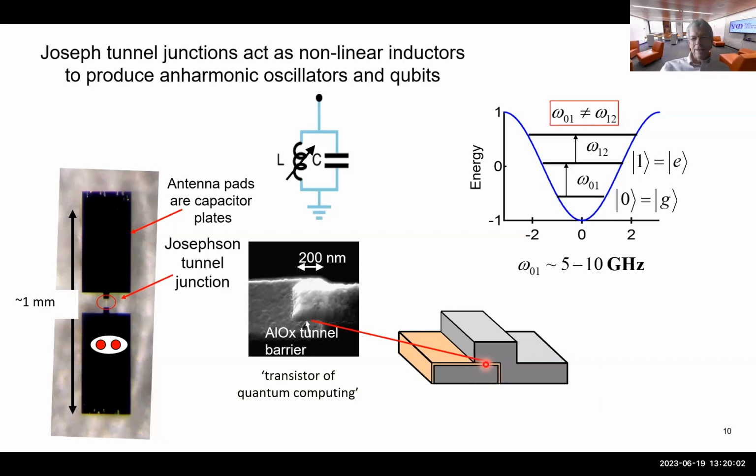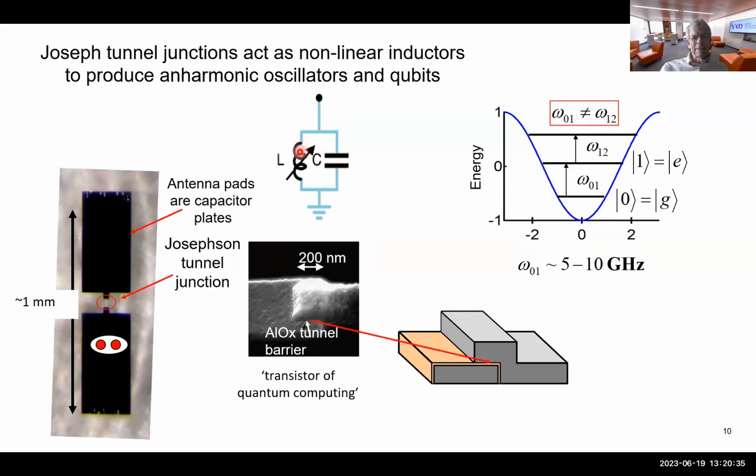And this oxide barrier is insulating, but because electrons are waves, they can tunnel through it, and current can flow back and forth between the two halves of the antenna. In particular, in the superconducting state, pairs of electrons, Cooper pairs, can coherently tunnel back and forth and produce what will turn out, as we will show, an anharmonic energy level scheme.